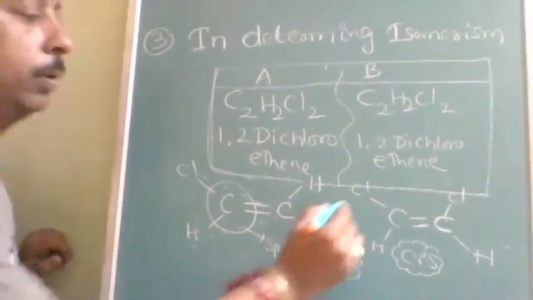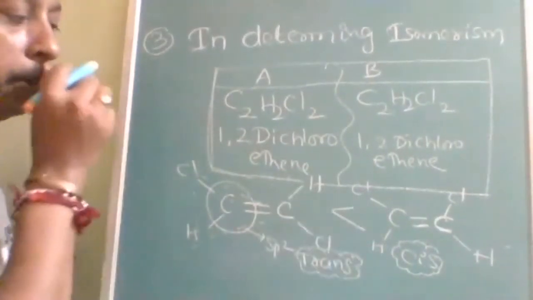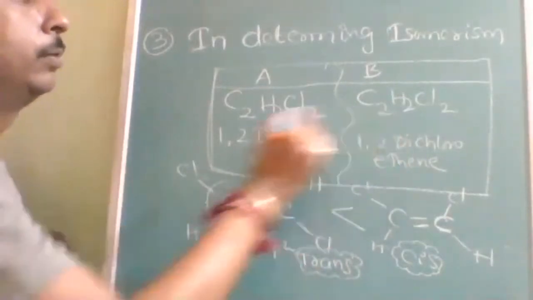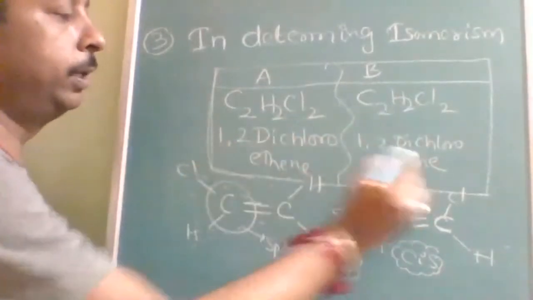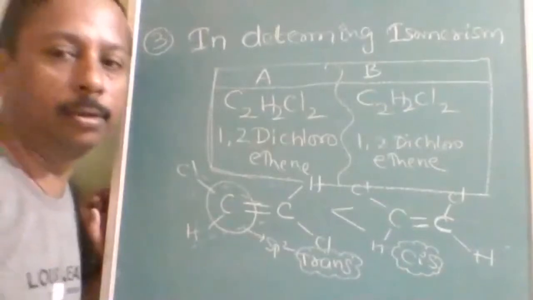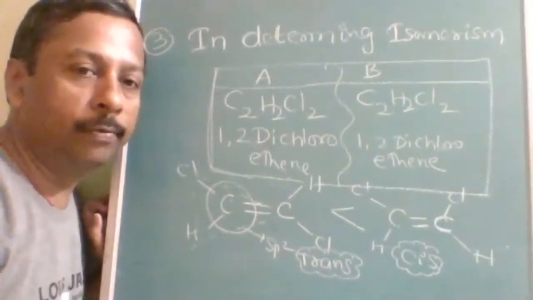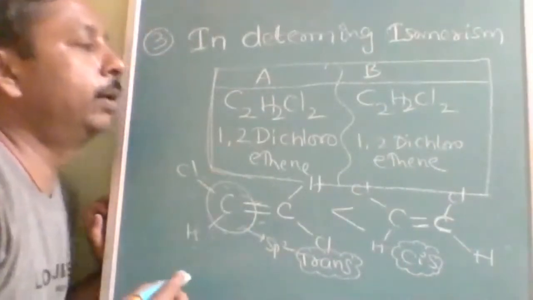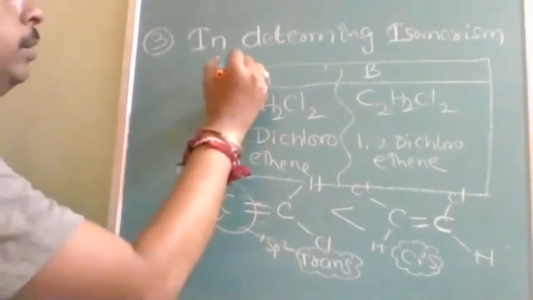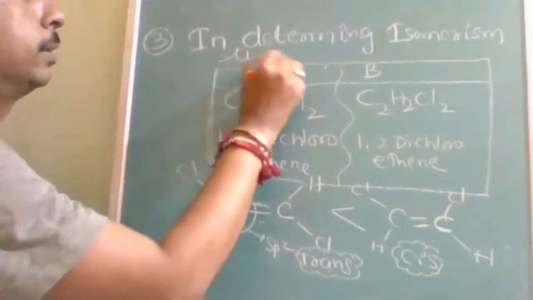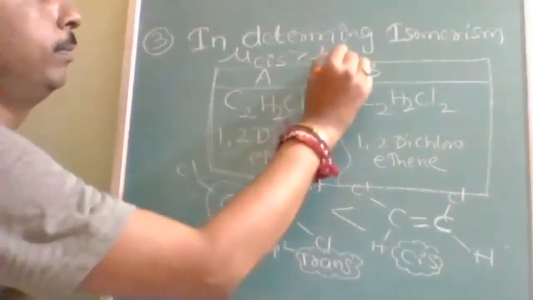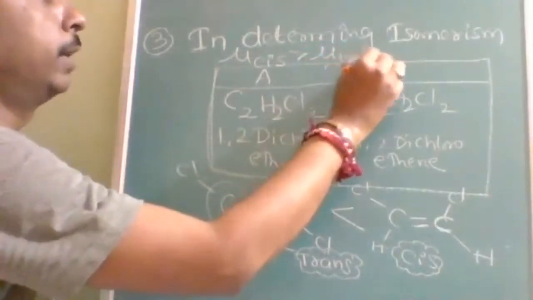Here the dipole moment of this will be more than this. Once you have the same molecular formula, even the same structural name, then to find which isomer, you will find the dipole moment: mu of cis will always be greater than mu of trans.